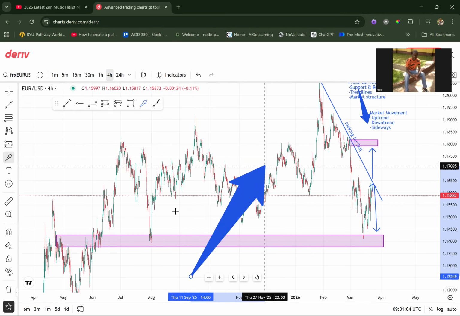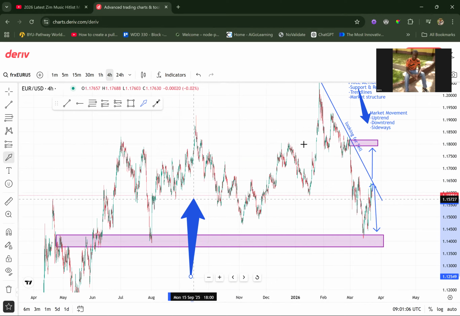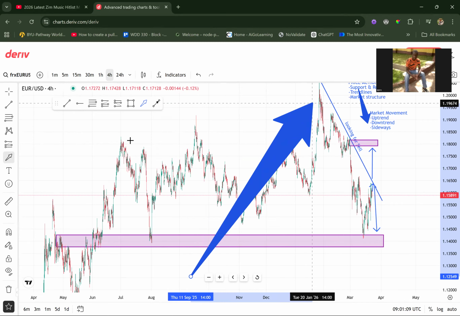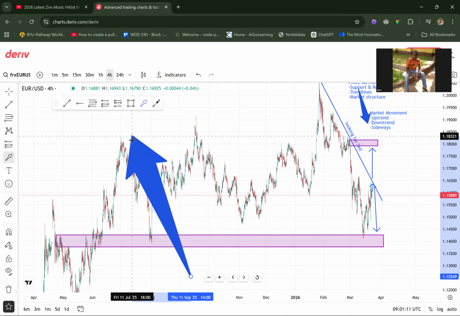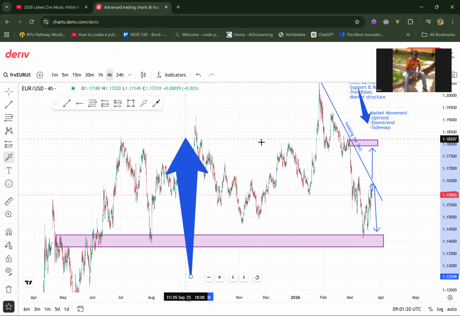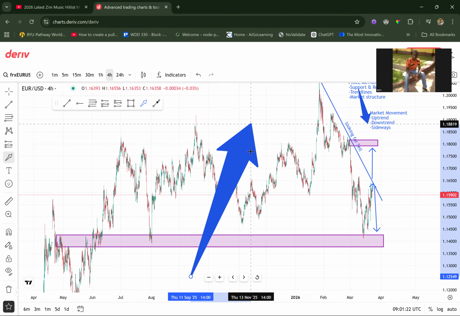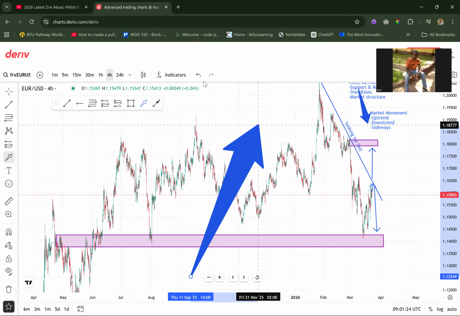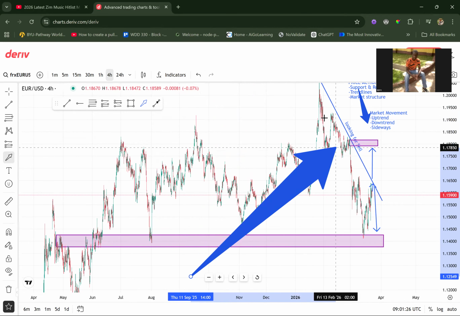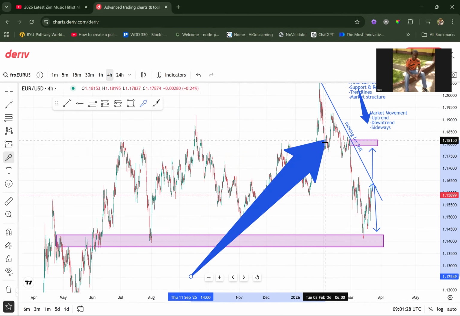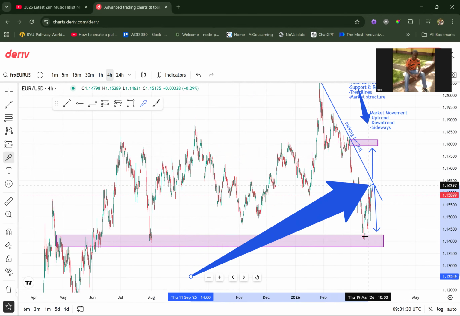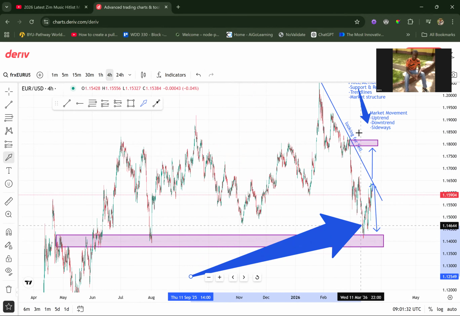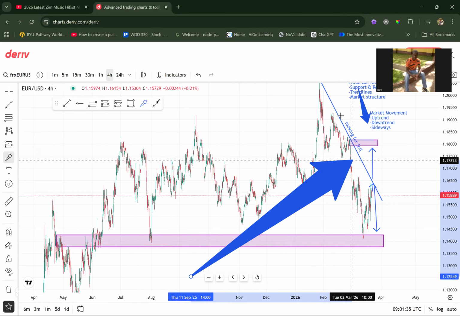So it's a ranging market until it went up and broke the support that was here. As you can see here, my dotted lines form a zone. The market was just moving inside, and then it went up, and then it came back again to that range, and then it went down to touch the support. Now we are going to see the market going up.